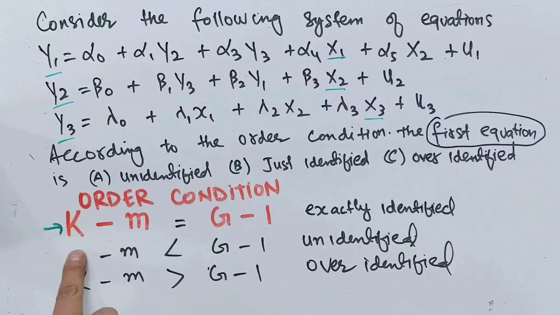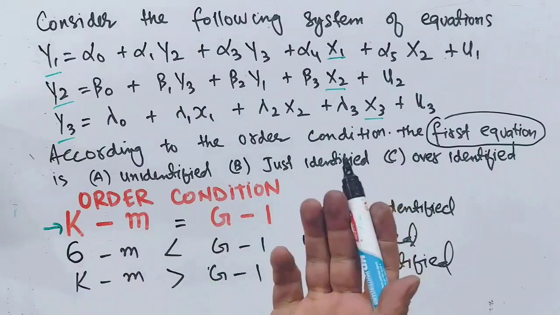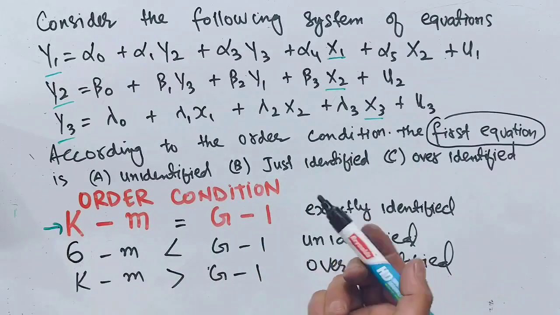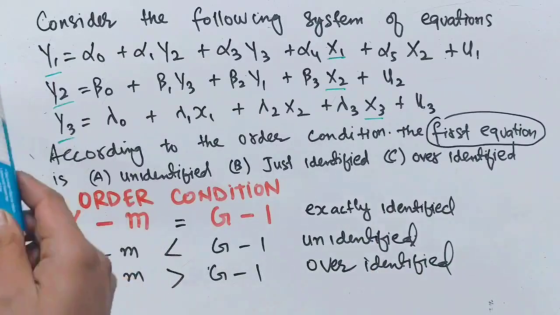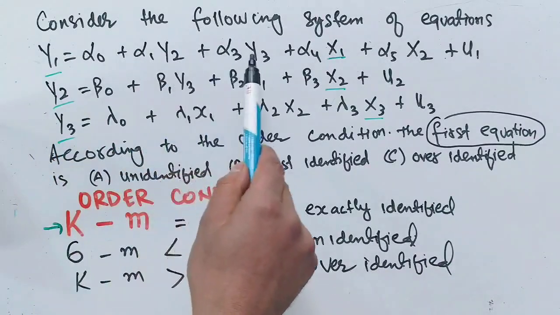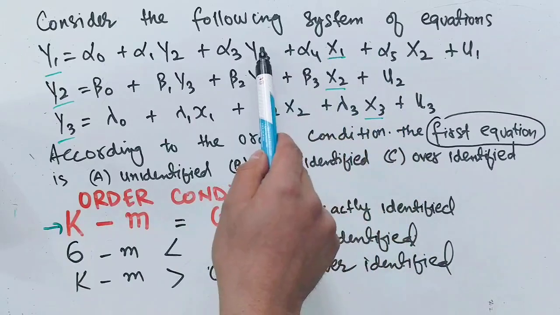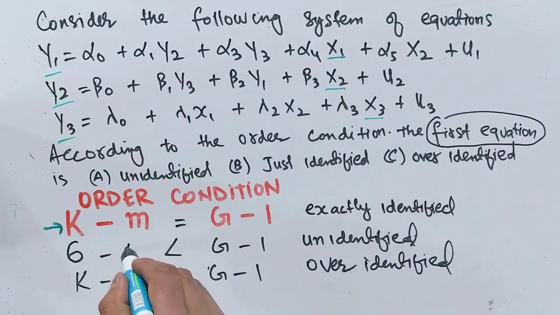So k comes out to be 6. What is m? M denotes the number of variables in a particular equation. Since we are being told about the first equation, the variables here are y1, y2, y3, x1, and x2. So we have 1, 2, 3, 4, 5, so m will be 5.